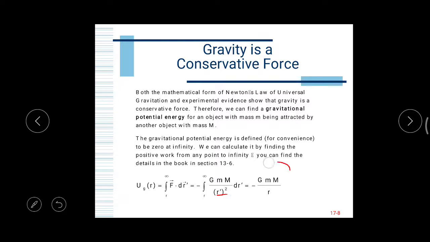So this is the potential energy stored in the particle due to the gravitation. This is the general expression, where capital M is the mass of the earth and small m is the mass of the particle. r is the distance from the center of the earth to the center of the particle.